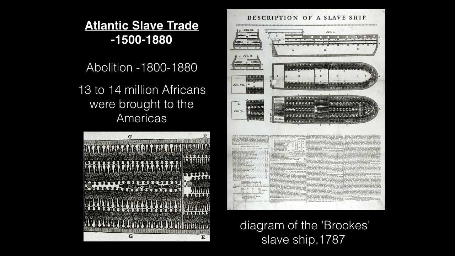In a kind of scientific detail, it described the ways in which humans were transported across the Atlantic. And this was probably the single most powerful image that launched the abolitionist movement. People were horrified when they came to learn of the conditions of the slave trade. And this image was widely circulated throughout the 19th century and was instrumental in ending slavery.